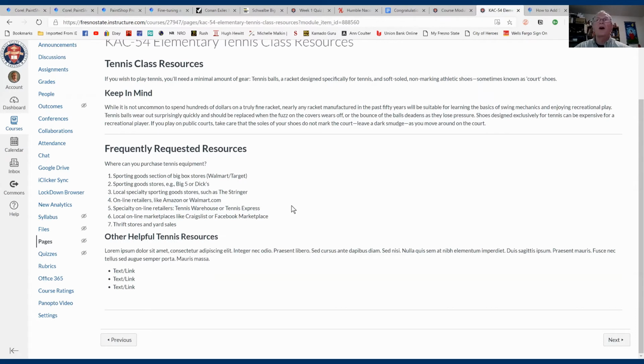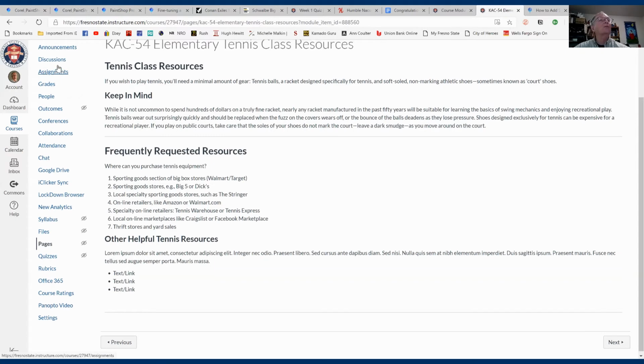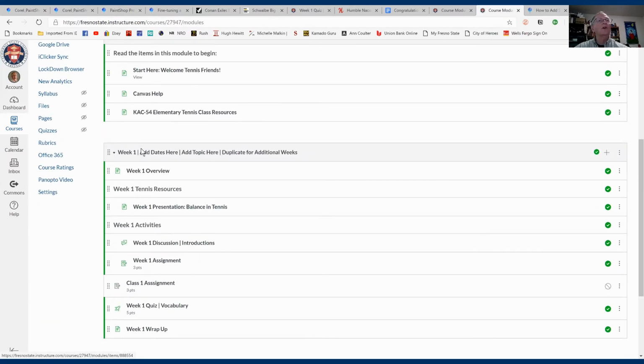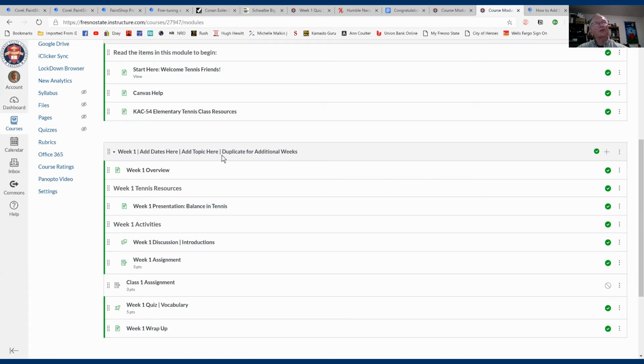That's probably the most common thing, and it's a way for me to bring to the students' attention that there are resources here on campus that they can call on to get their tennis rackets restrung or repaired or advised by people in the tennis community here on campus or in the Fresno Clovis area. Back we go to the modules, and we move on to the first week of instruction.